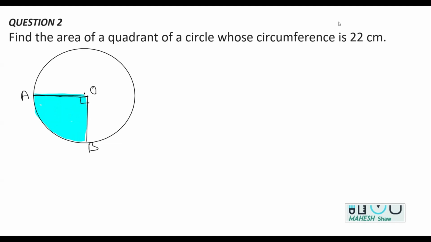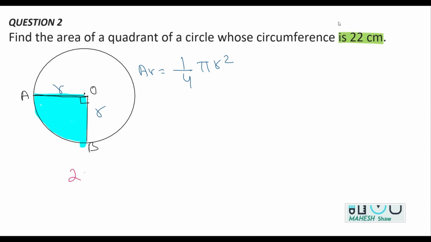And the formula for finding the area of a quadrant is what? This is 1/4 the area of a circle. The area of a circle is pi r squared, so we can use the formula 1/4 pi r square. Well, clearly we have to get the radius. Once we get the radius, we can find it out. So we have the circumference. And what is the formula for the circumference of a circle? It is 2 pi r.